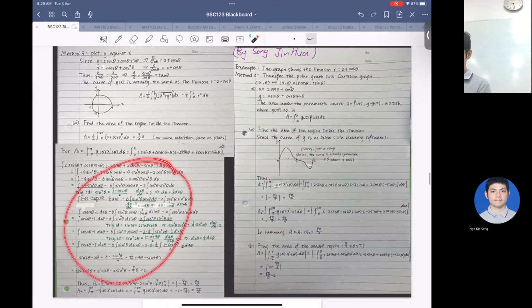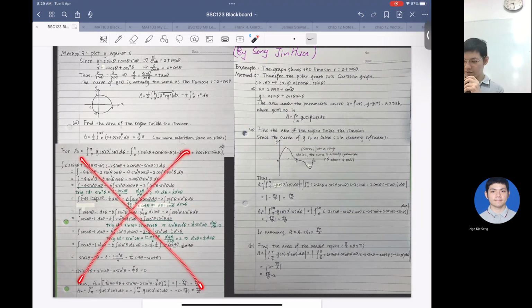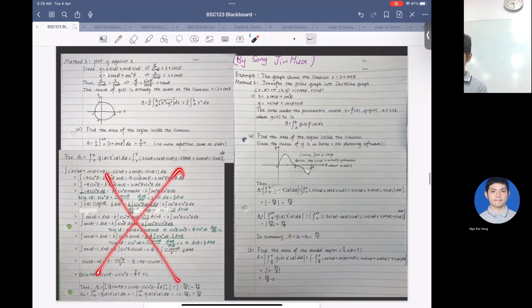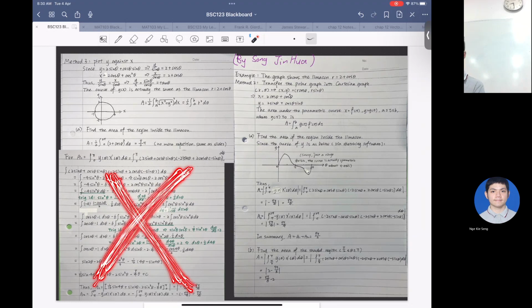So you can see that there are different ways of solving one question. Typically we want to skip this integral in class because it's too tedious, so make sure you know how to do this. Do it at home. If you get stuck, just message me, and then we'll see what's going on.